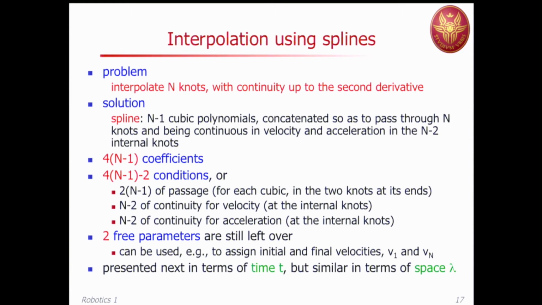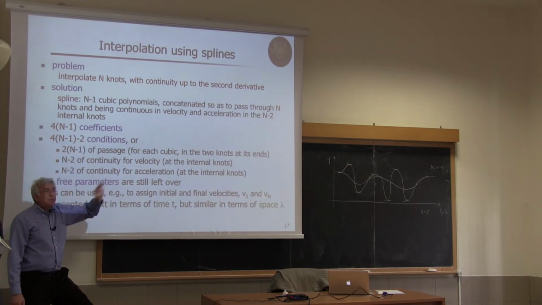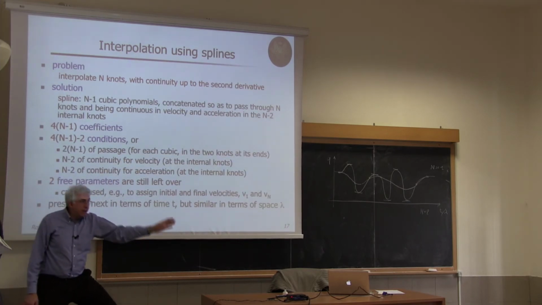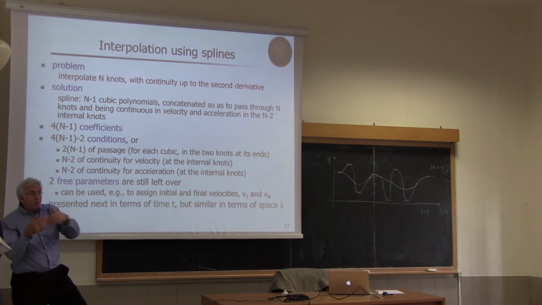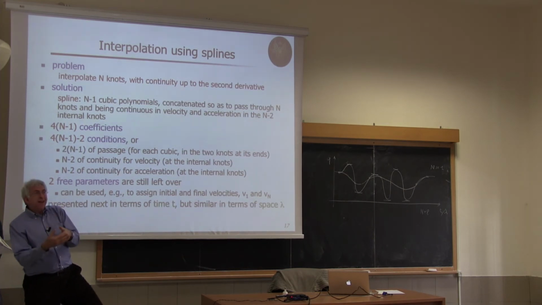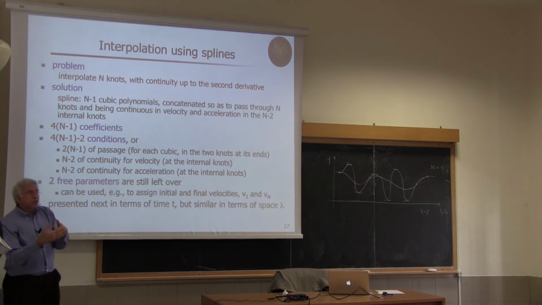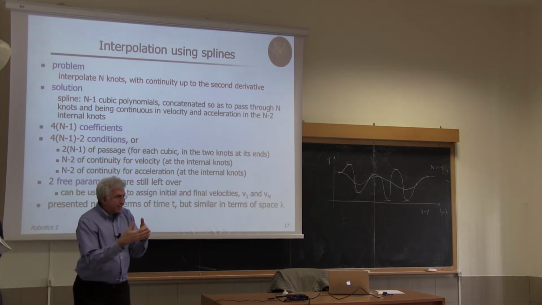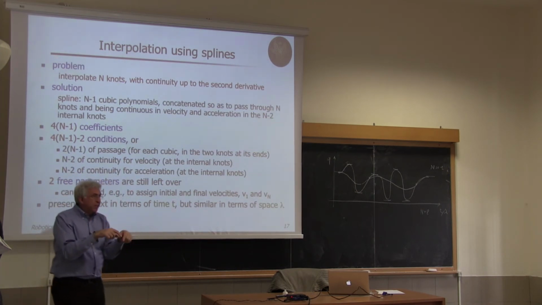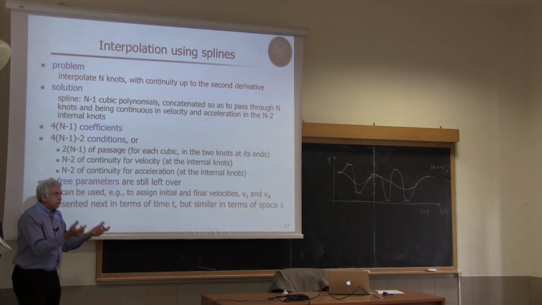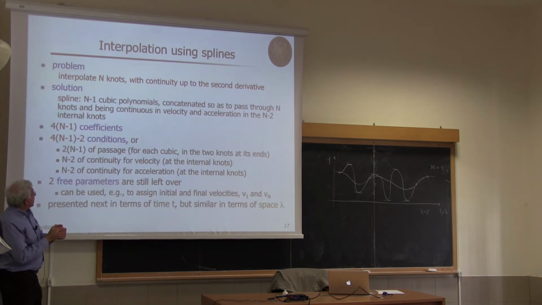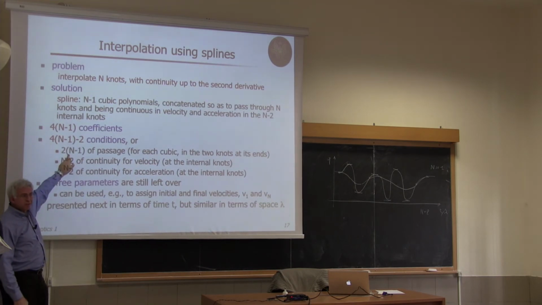Okay? Another way of saying would be, okay, I have to interpolate n points, so these are n conditions, and then I have to impose also continuity of position internally, so there are n minus 2. So I have n plus n minus 2, so it's 2n minus 2 or 2n minus 1, so you reach the same number of conditions, depending on how you see things.